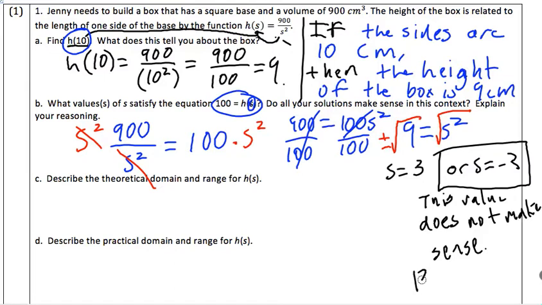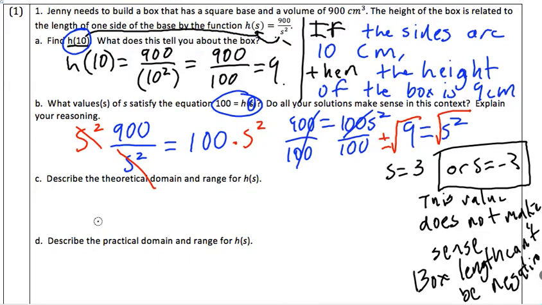Box length can't be negative. And you can write that in a few different ways, but just make sure you identify that s equals negative 3 doesn't make sense. The reason is that some things can be negative. Temperature can be negative, or my bank account can be negative. However, something like a length cannot be a negative value, so it doesn't make sense in context.